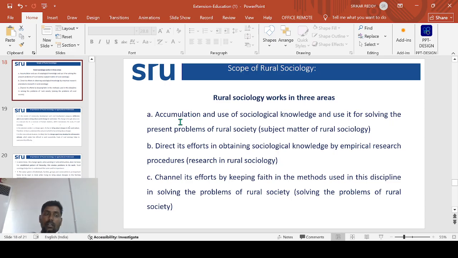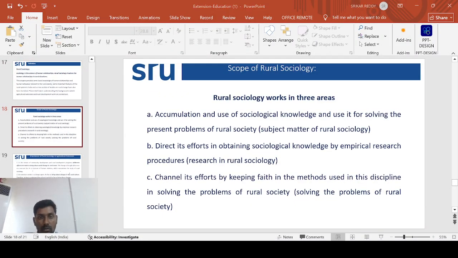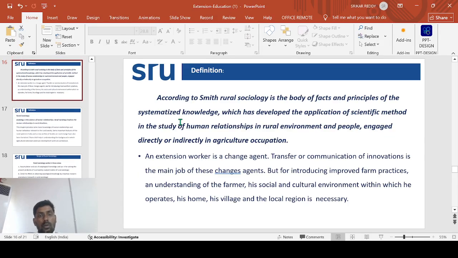There is a lot of modification and improvement, but it should always channel its efforts believing that this information gathering procedure and process should stay the same, so that the information will be useful for solving the problems of society. So these methods will always help to solve the problems of rural society. So that is about rural sociology.